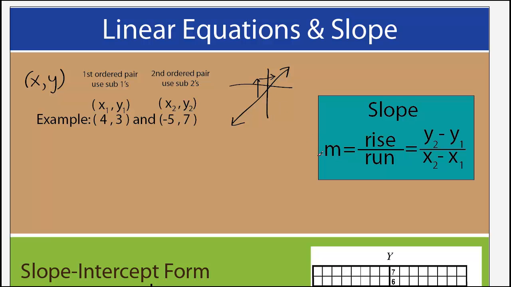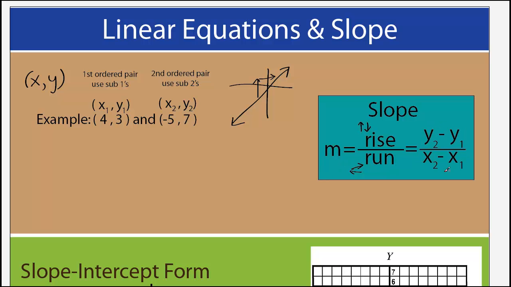So m is always in reference to our slope, which is rise over run. We always move in the up-down direction: up if it's positive, down if it's negative. Then over, we're either moving left or right. If it's left, then it's negative, and if it's right, then it's positive.